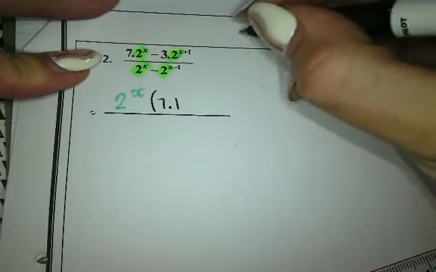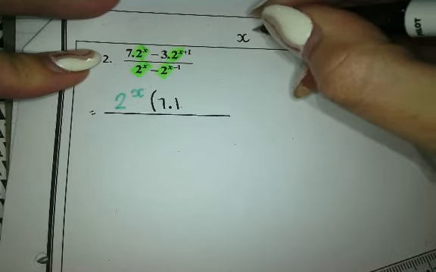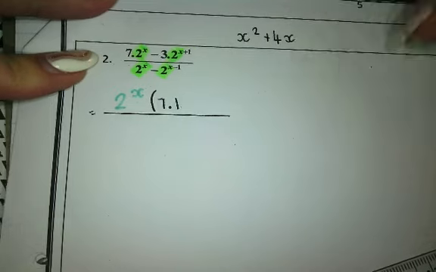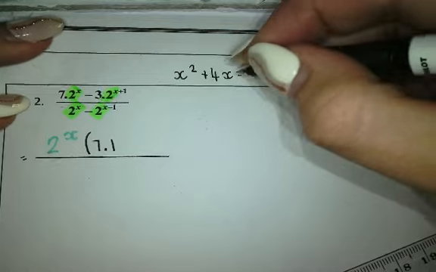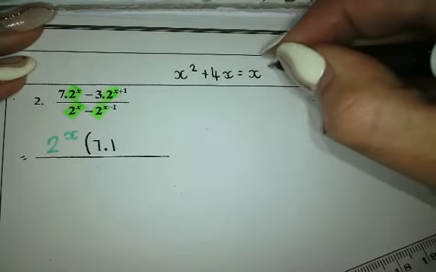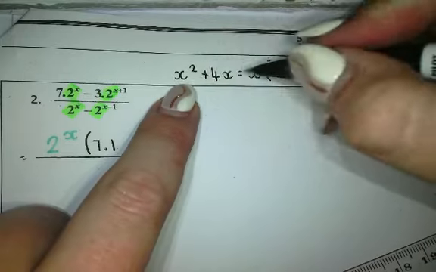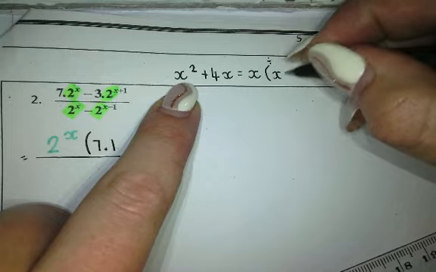If I had to factorize that, I take out an HCF of x. And then remember, when we open our bracket, we start dividing, right? Okay, so x squared divided by x, we're left with 1x.